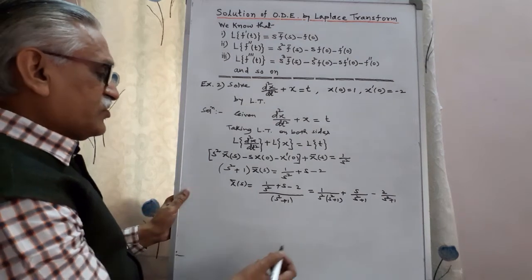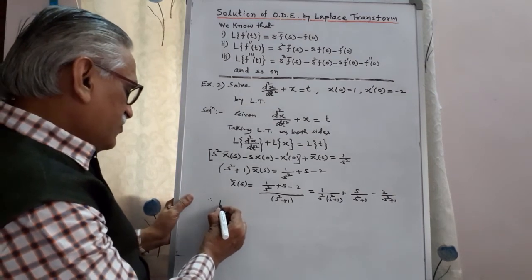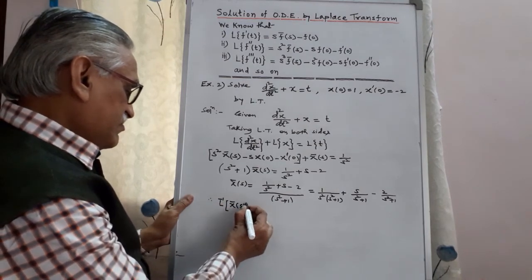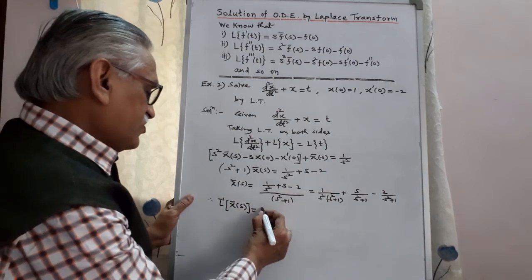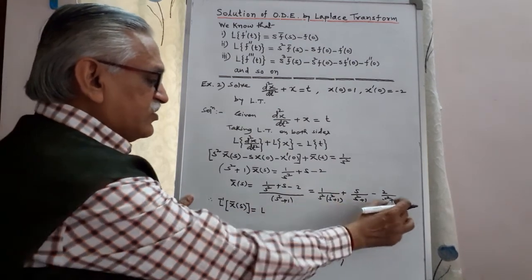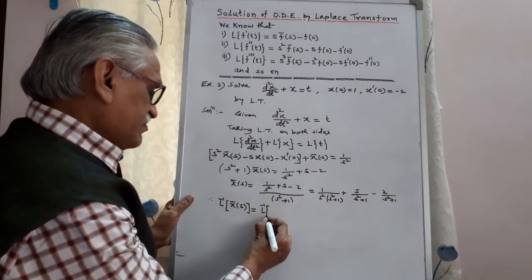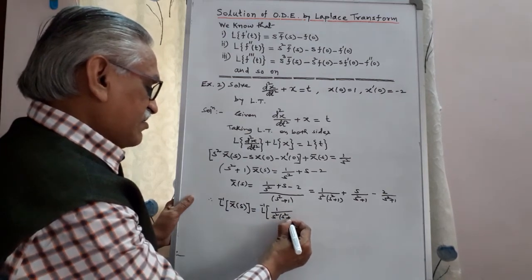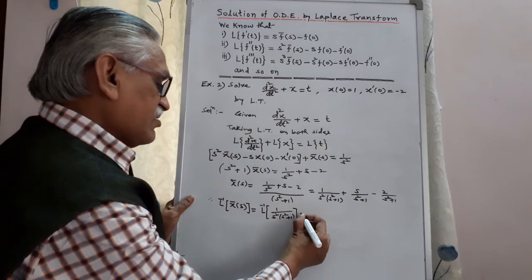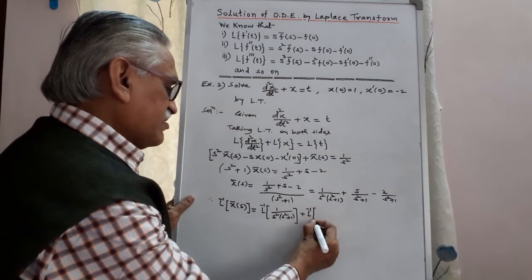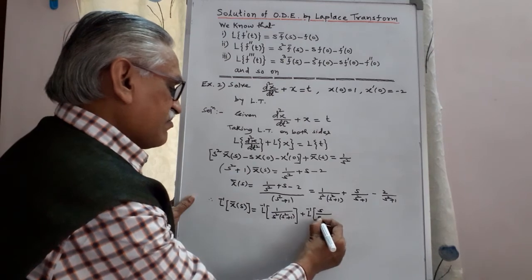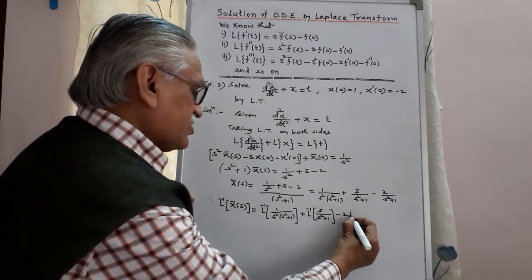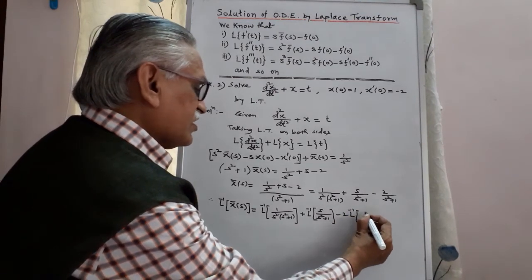Then taking inverse on both sides, inverse Laplace of x bar of s equals inverse of right hand side, taking individual inverse of the first, inverse of the second, and minus 2 constant outside, inverse of third term.